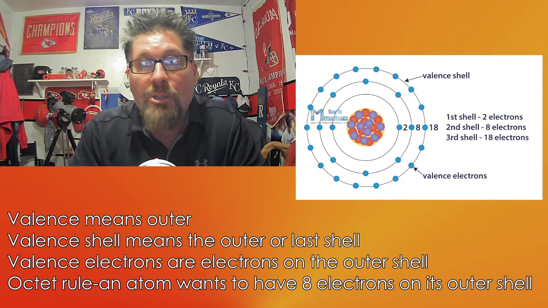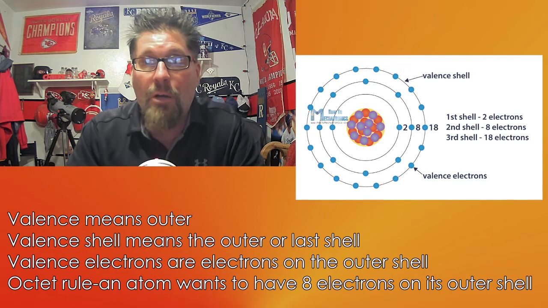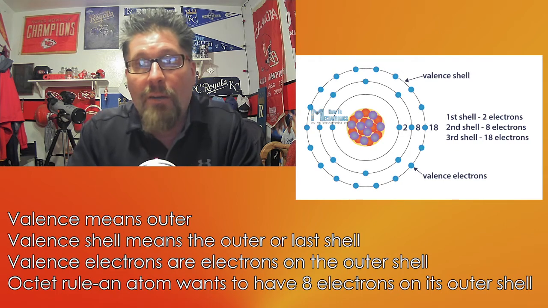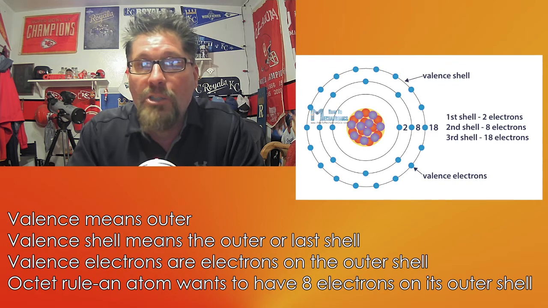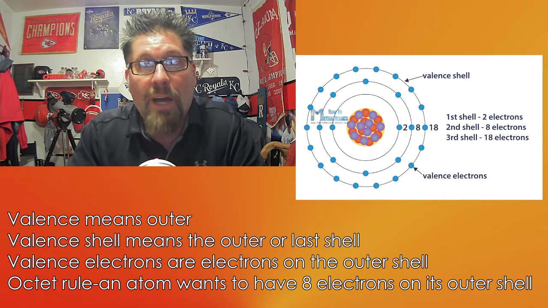When we say valence shell, we're talking about the outer shell, or the last shell. As you can see in the diagram, this particular atom uses three shells to house its electrons, so the outer shell, or the valence shell, would be the third shell.